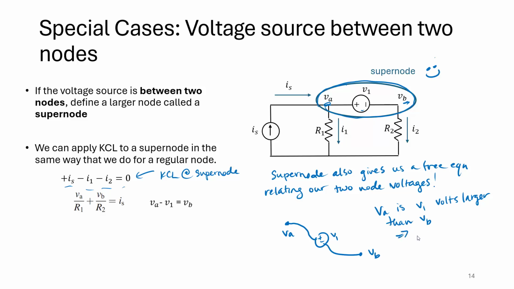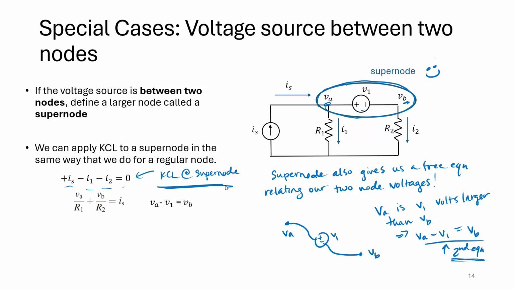Therefore, we can say that VA minus V1 must equal VB. So we get this second equation here. And typically, if we have this second equation along with an equation from Kirchhoff's current law, we will have enough information to solve our circuit.